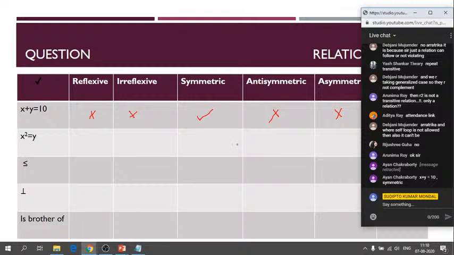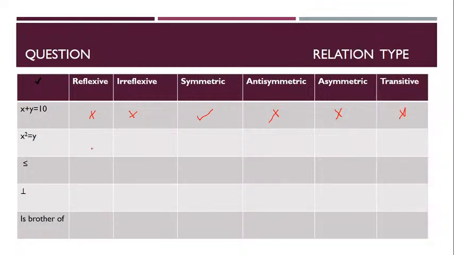Yes, symmetric, absolutely fine. So the first relation, x plus y equals 10, is this type of relation. That means it's symmetric only, and no other type of relation goes with that.